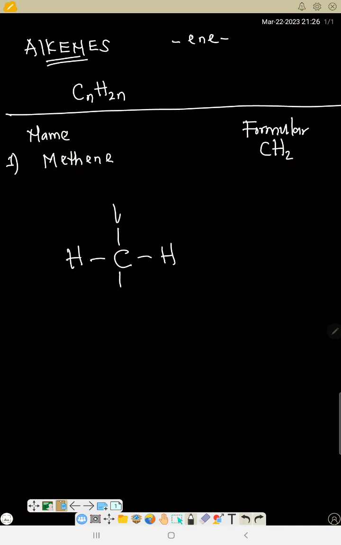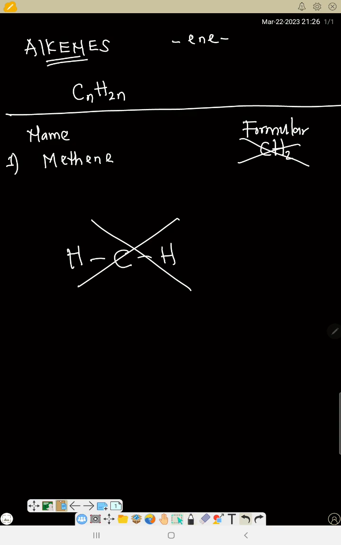So that means it is not possible to have a single bond here. I have to have a double bond, and if I have a double bond, carbon is now 4 bonds, correct, then hydrogen is 2 bonds, which is wrong. So there is no way I can write methene. It's not possible. So methene does not exist.